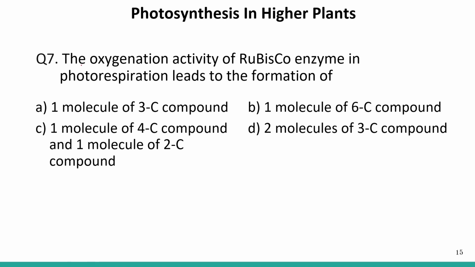Now, moving on to the next question, which is: the oxygenation activity of Rubisco enzyme in photorespiration leads to the formation of. So they are asking about the first product formed during photorespiration.